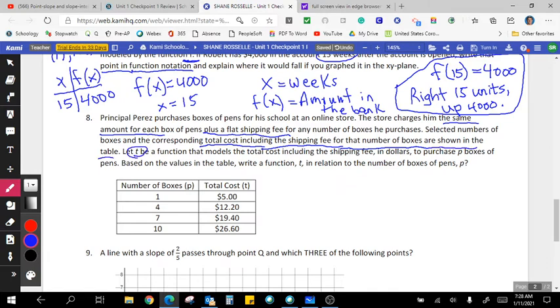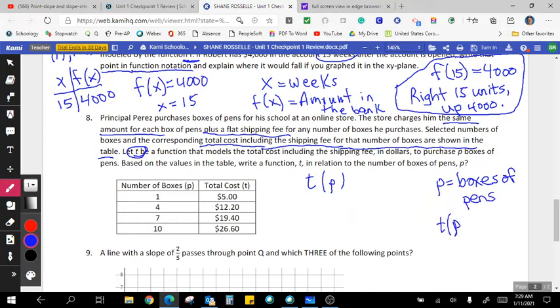Let t be the function, so I could write that out as t of something, be the function that models the total cost, including the shipping fee in dollars, to purchase p boxes. So p equals boxes of pens.